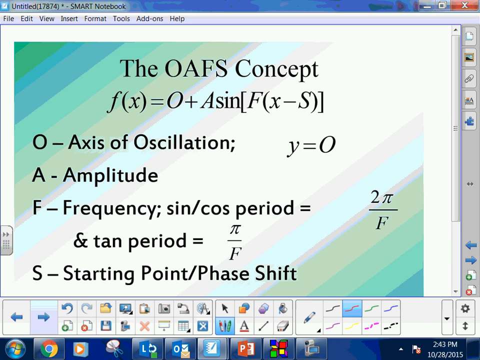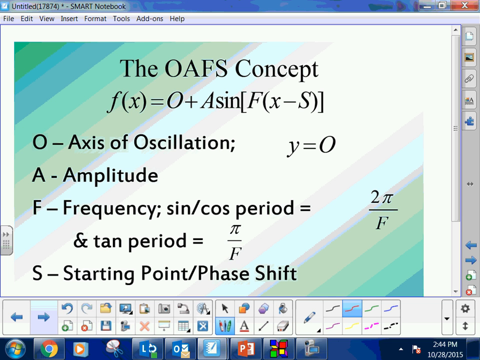The frequency is kind of like the C value, which was always on the outside, multiplying the x. So that's in the same spot. And the phase shift, or the starting point, we used to note as an H value. We normally used to start there, and we will in this case too. It was a kind of habit, we started with the H to move the graph left or right first, and then we'll get into everything else.